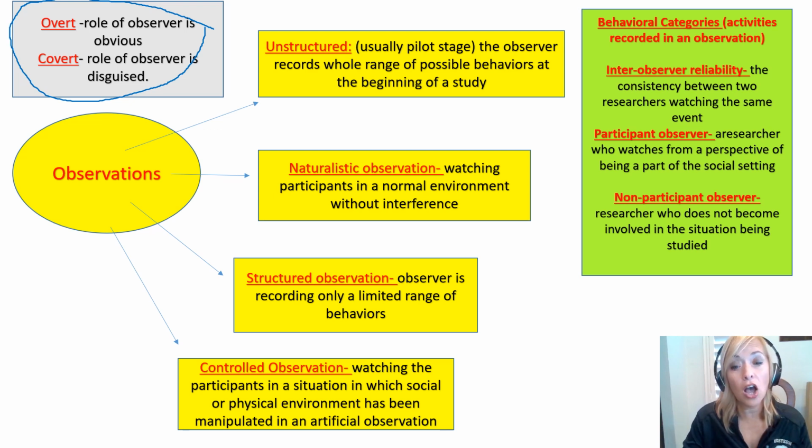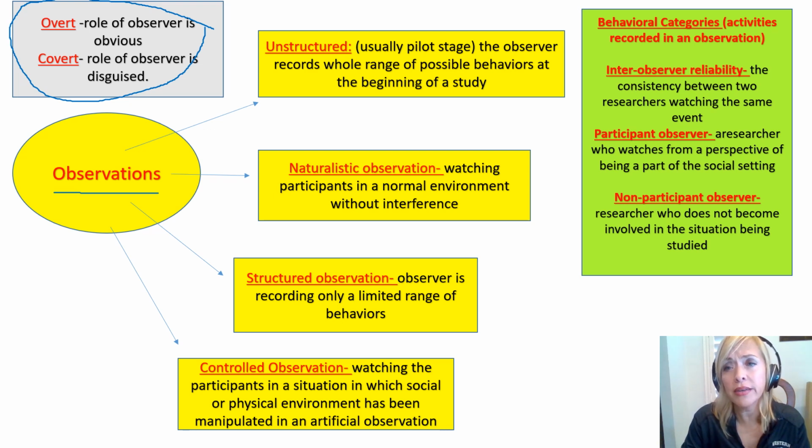Now there's different observations, and observations are here, and there's 4 different kinds. You have unstructured, naturalistic, structured, and controlled. And I've defined all those for you, so I'm kind of giving you different kinds of observations. And then up here in the green box above my head, we have different kinds of categories.